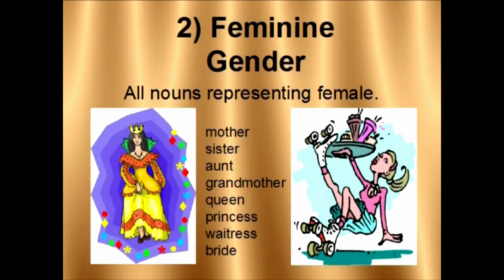Number 2. Feminine gender. For all nouns representing females. Examples: mother, sister, aunt, grandmother, queen, princess, waitress, bride.